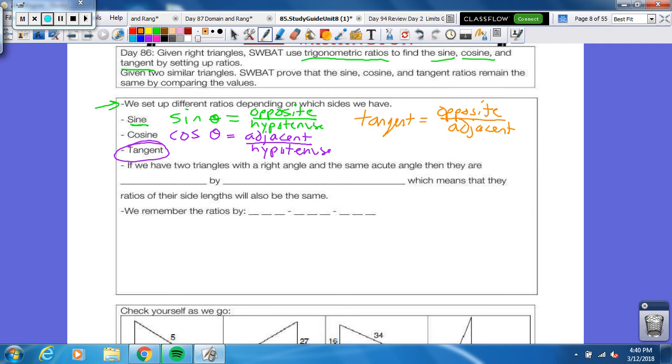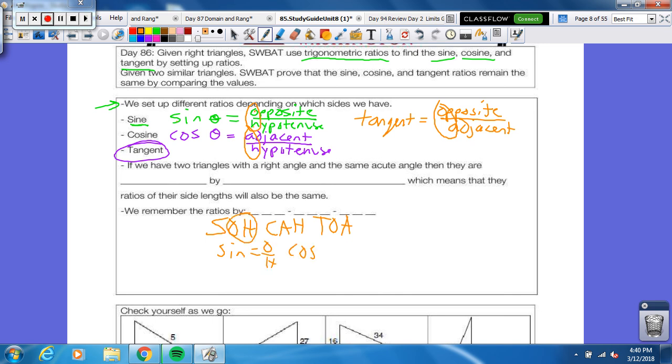Okay, so we need to remember these. How do we remember these? Sine is opposite over hypotenuse. Let's just take the first letters here. Look at that. So this is where we get this thing called Sohcahtoa. Say that to yourself, Sohcahtoa. You remember it because what does it say? Oh yeah, sine is opposite over hypotenuse right here.